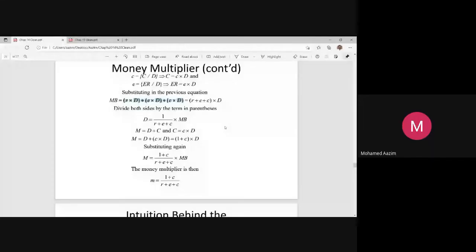Small r, small e, and small c. What is that? Required reserve ratio, excess reserve ratio, and currency ratio. All are expressed as a share of deposits. So the monetary base, now you can rewrite, equals this.